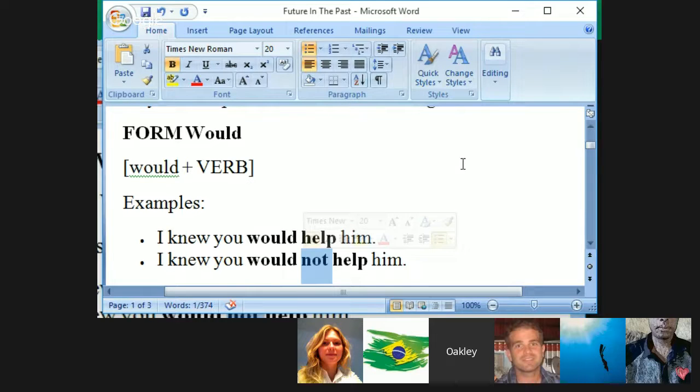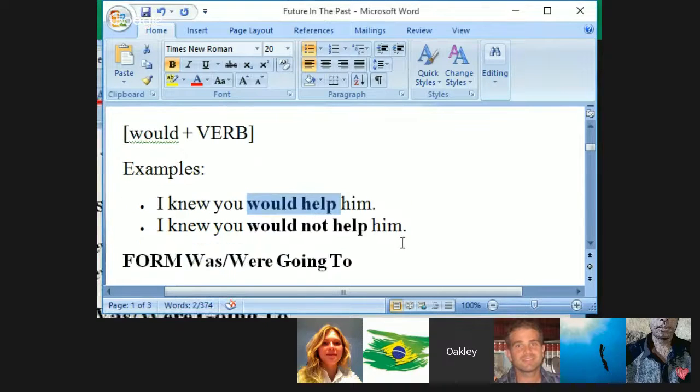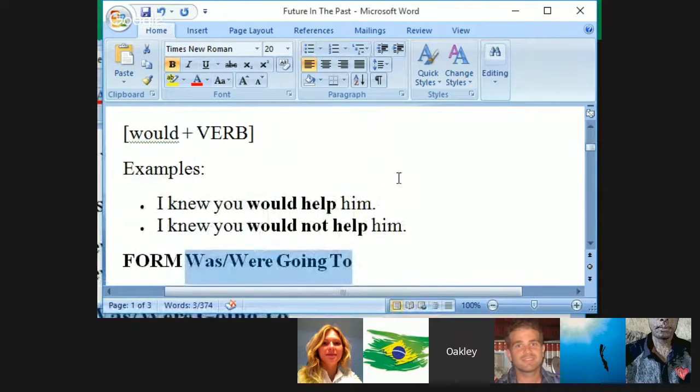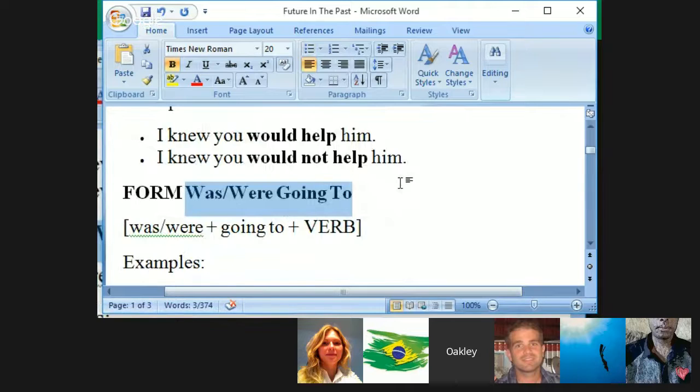Now, there are many variations and ways we can say that, but the basic idea is the same, and still using the modal might help. It's still the same construction, the modal before the main verb help. Okay. These are probably the most common, using would or was or were going to.